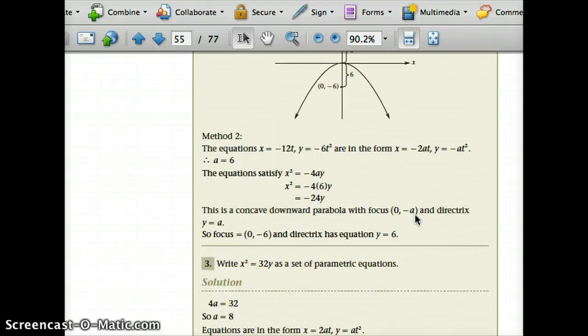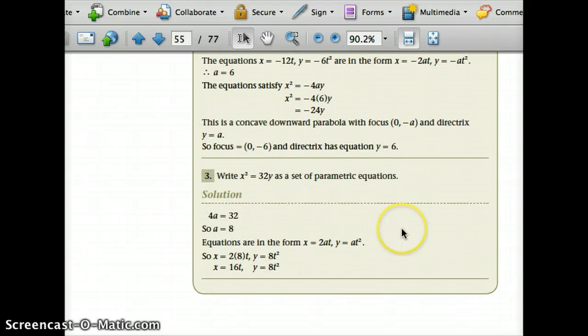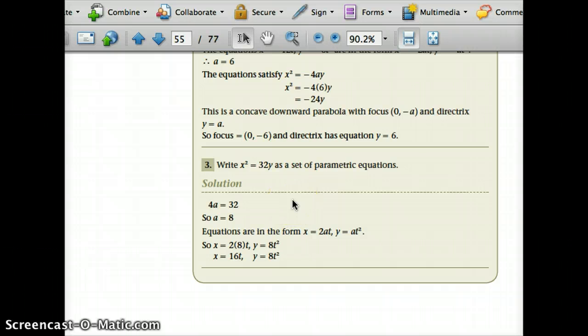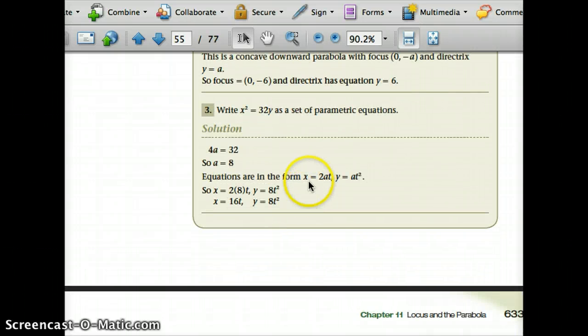Here's the last one. This last one is actually writing it as a set of parametric equations. So what you're given is the Cartesian form, or the locus form as we call it, x squared equals 32y, and we've got to write it as parametric equations, okay? So the way we do this is we know that the a value is 8, so we can quickly get that from x squared equals 4ay.